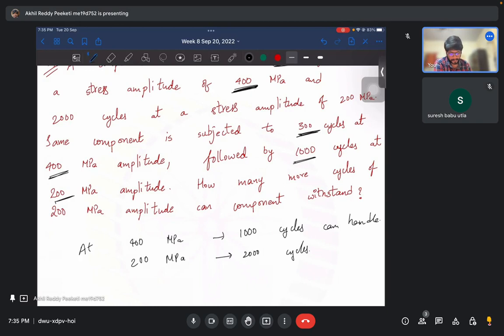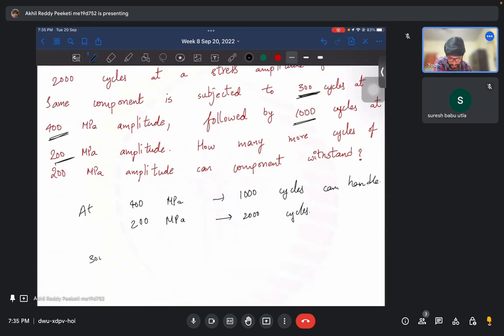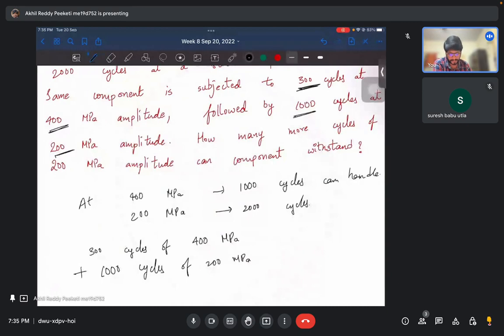Okay. Now that same component you are subjecting only to 300 cycles of 400 MPa plus 1000 cycles of 200 MPa, and they ask how many more cycles of 200 MPa it can handle.